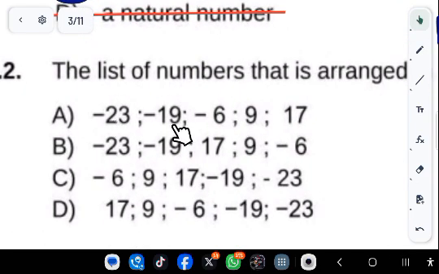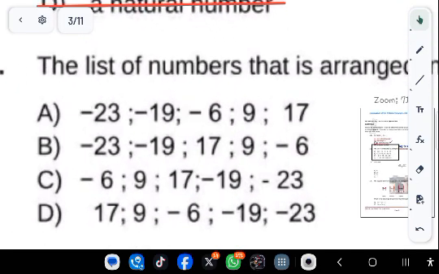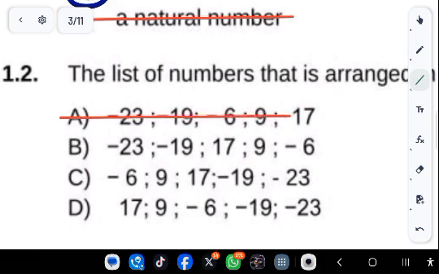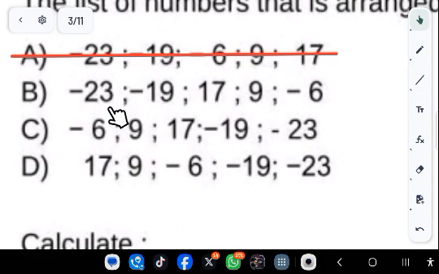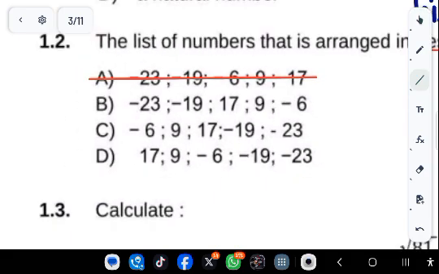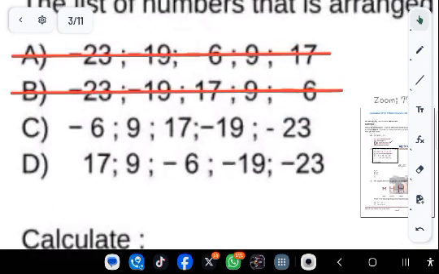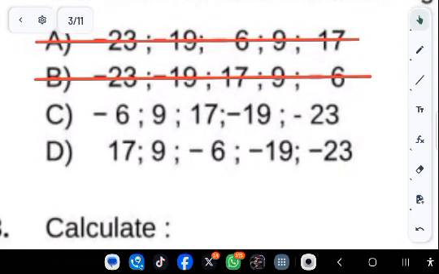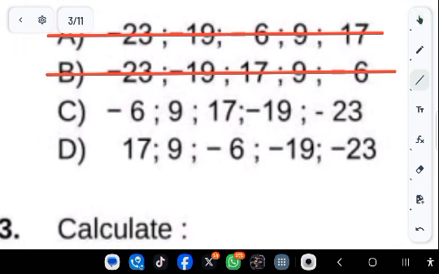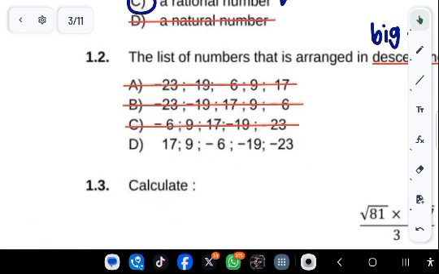This is small, that is small, that is small, so no, this is definitely not descending. Number 2, this is small. A negative number is smaller than a positive number. So unless we start with a positive number, we will be on the safe side. This is not going to work because we're starting with a negative number, which is small.